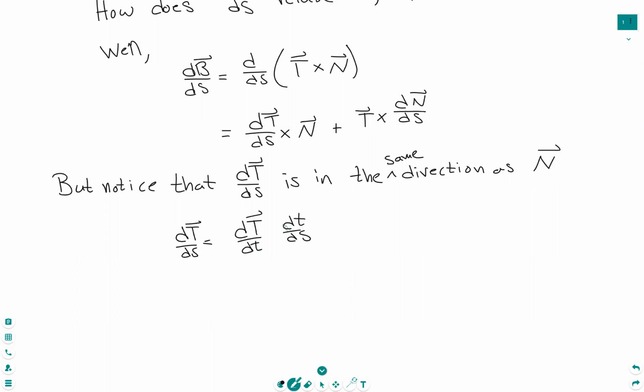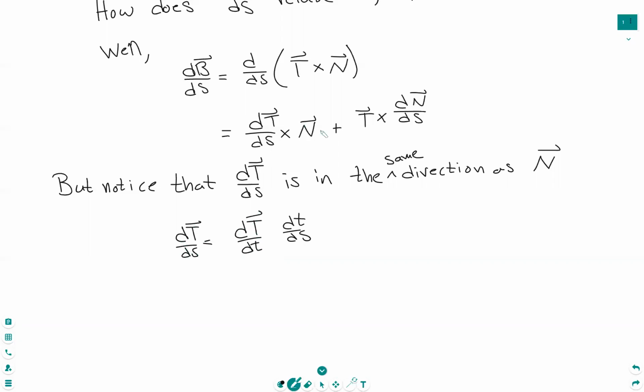Right? So this quantity here is just some scalar function, and you could think of it as the reciprocal of ds/dt, or how time changes with arc length, whichever is better, but it is just some scalar function. And this is the direction that it's pointed in. Well, we know that dT/dt is pointed in the N direction. It's not normalized, it's not quite N, but it's still pointed in the N direction. So that means that this is also pointing in the N direction.